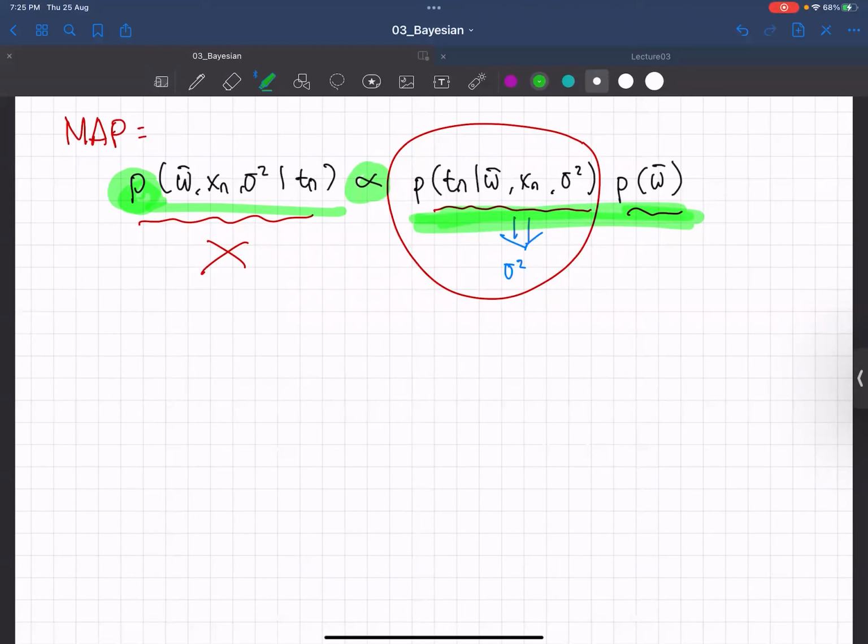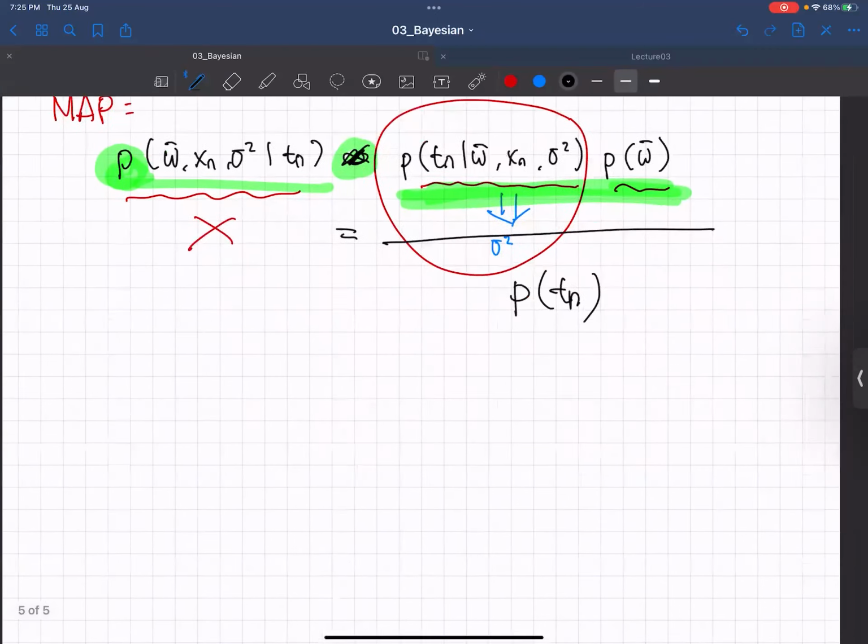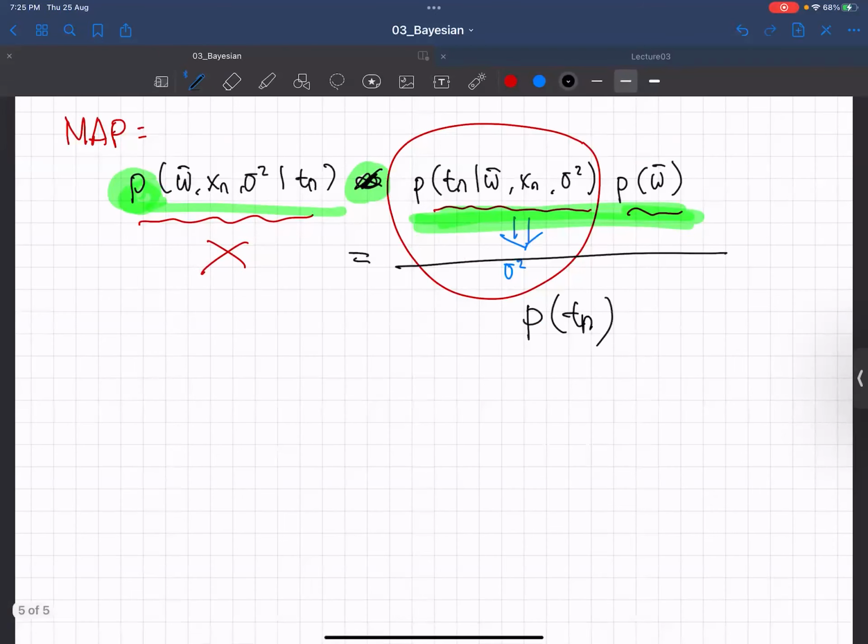If you want to know the probability of the posterior, what do you have to do? Remember in the beginning of the discussion, you have to normalize this with P of Tn. If you want to make this equal, you have to normalize with P of Tn. The problem is that we do not know P of Tn, and in MAP, we don't care anyway.